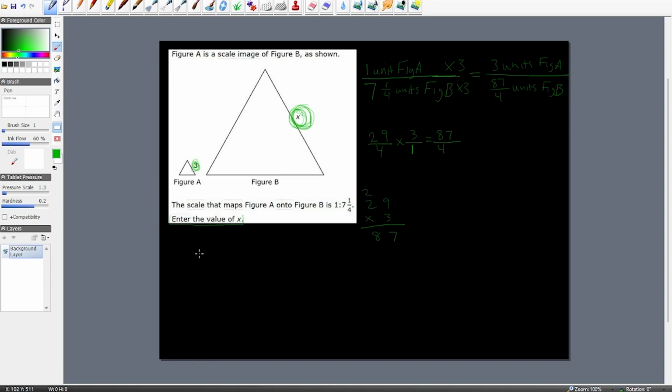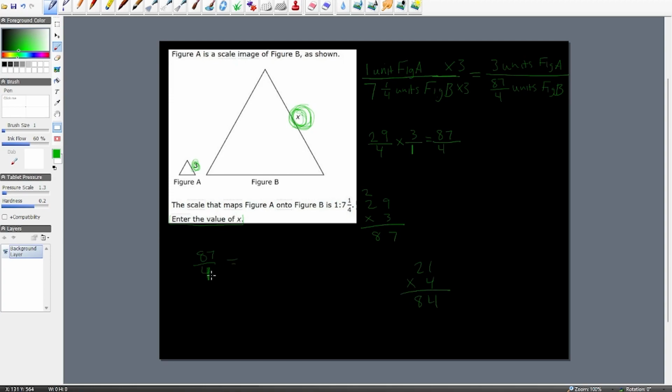Let's also write this 87 over 4 as a mixed number in case there was like a multiple choice and we had to identify it. So let's convert this to a mixed number as well. 4 will go into 87. Well, I know 4 times 20 is 80. Let's see what 4 times 21 is. It's going to give us 84. And we can't add any more than that without going over. So that'll work.